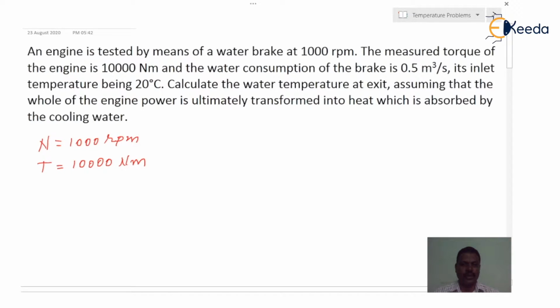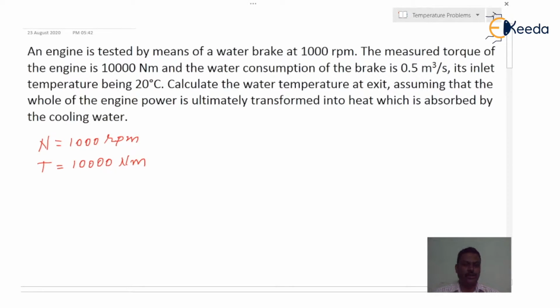Here it is volume flow rate. Let us convert that one into mass flow rate. I will tell you later why that has to be converted into mass flow rate. Here it is volume flow rate because the unit is meter cube per second.